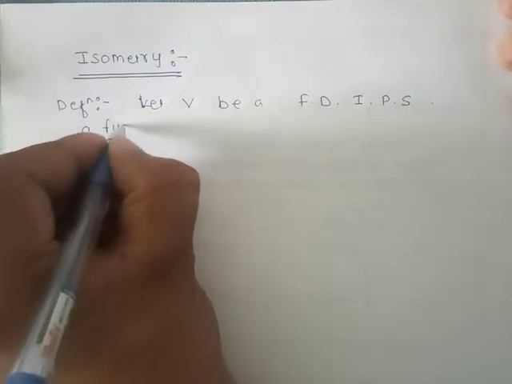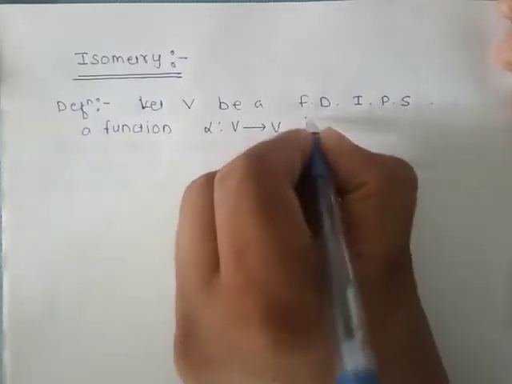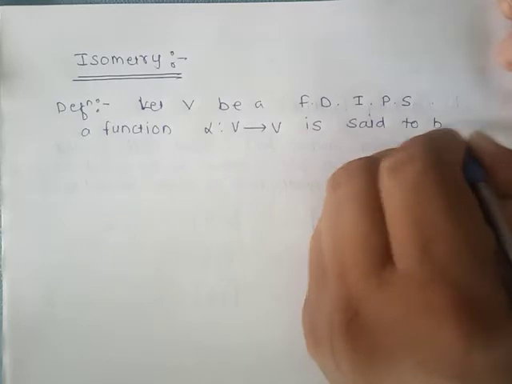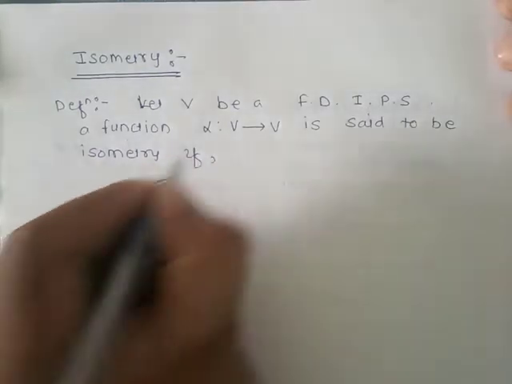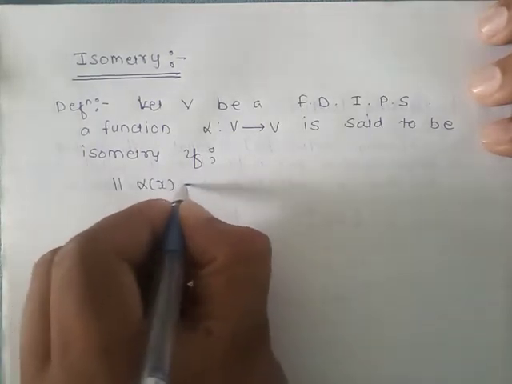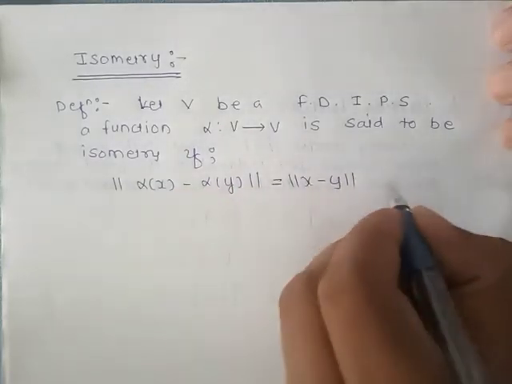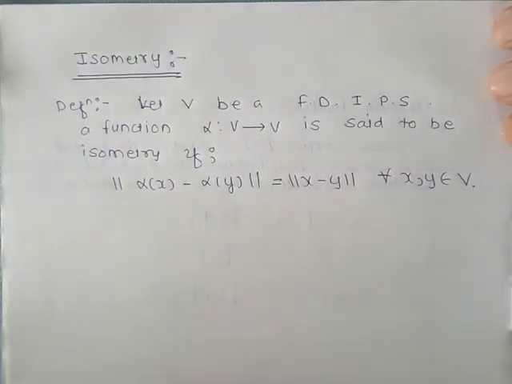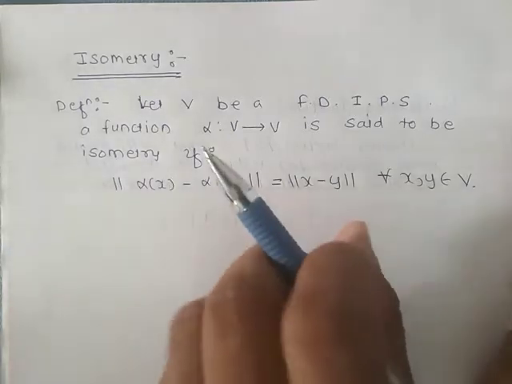A function alpha from V to V is said to be an isometry if norm of alpha x minus alpha y is equal to norm of x minus y for all x, y belongs to V. That is, the norm of alpha x minus alpha y is equal to the norm of x minus y.